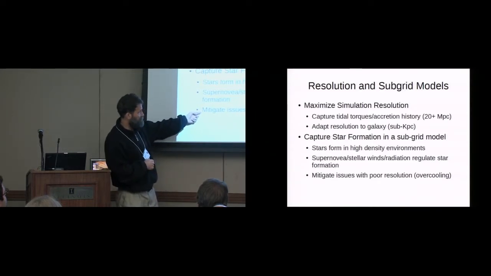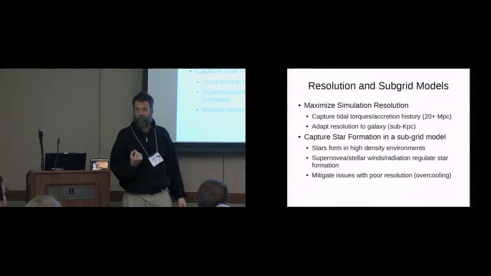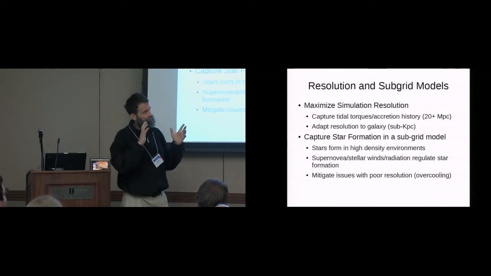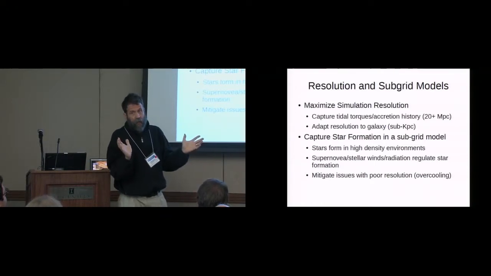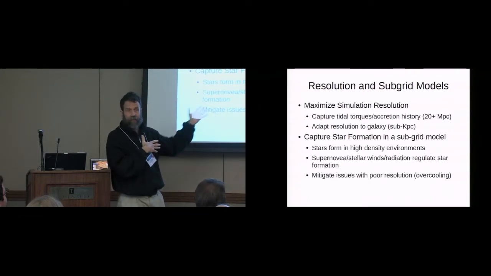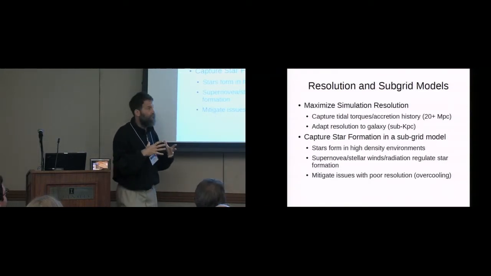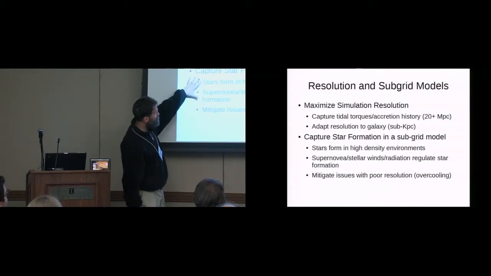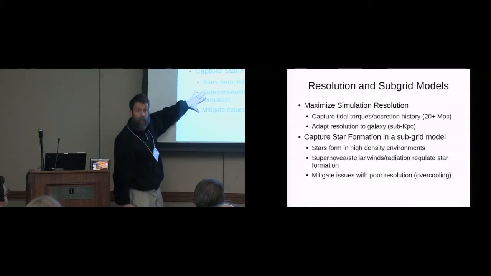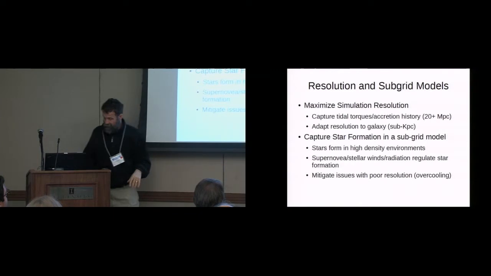Ludwig talked about this yesterday. We need some prescriptions to handle the fact that we have a multi-phase medium and to handle the overcooling problem, as he called it, because you can't resolve that medium. So we have pieces of this in a star formation model and a feedback model that covers these two points.